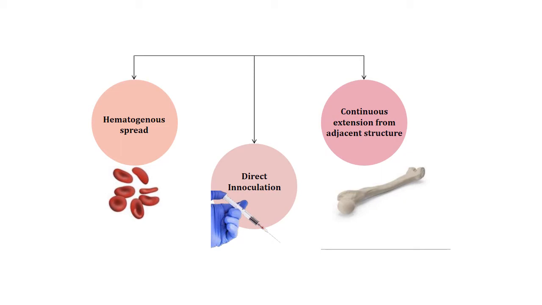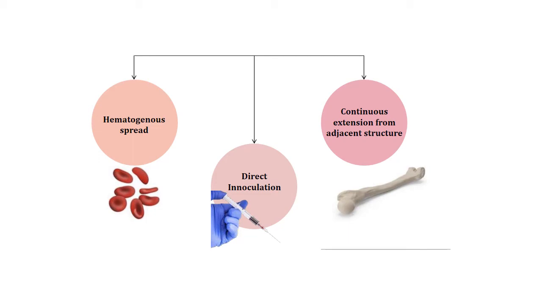As we can remember from my first lecture, one of the complications of acute osteomyelitis in young children, in babies, is septic arthritis. The infection spreads from the metaphyseal region of the bone through the physis and epiphysis into the joint.